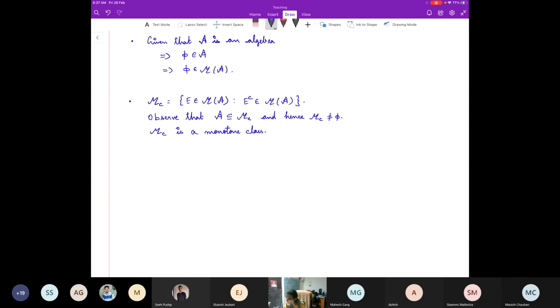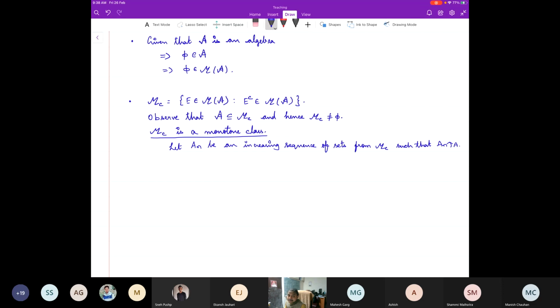So why is it a monotone class? Let A_n be an increasing sequence of sets from MC such that A_n increases to A. We will have to show that A belongs to MC. How do you show that?